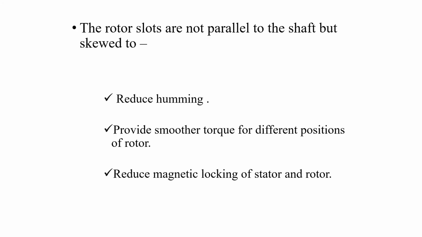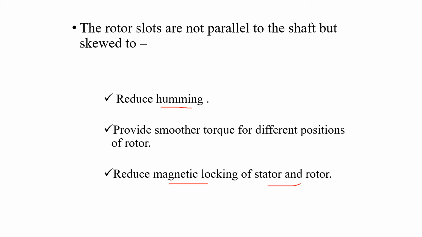So see, the rotor slots are not parallel. Why? Because to reduce the humming, that is the magnetic noise, as well as it will reduce the magnetic locking of stator and rotor. Suppose if the stator and the rotor are arranged straightly, maybe the stator magnetic flux and the rotor magnetic flux get matching with each other and it may be locked.